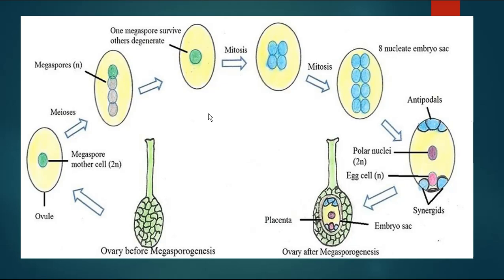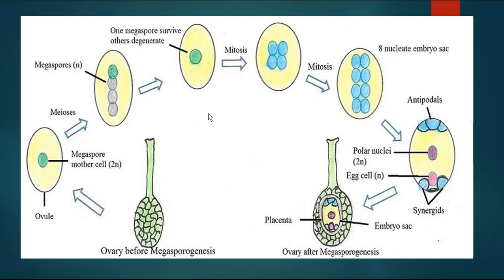Now, we are going to see the megasporogenesis. The process of formation of megaspores from the megaspore mother cell is called megasporogenesis. Ovules generally differentiate a single megaspore mother cell in the micropylar region of the nucellus. It is a large cell containing dense cytoplasm and a prominent nucleus. The megaspore mother cell undergoes meiotic division.